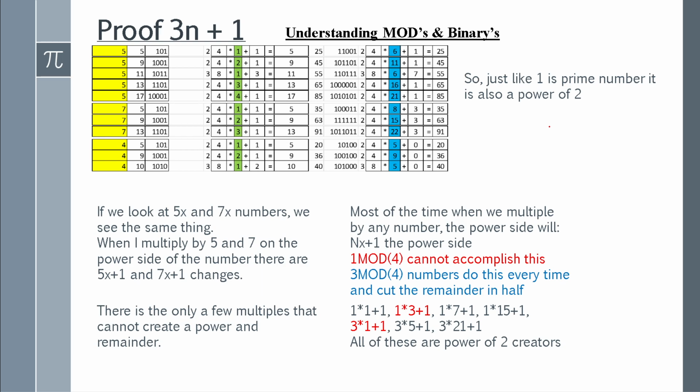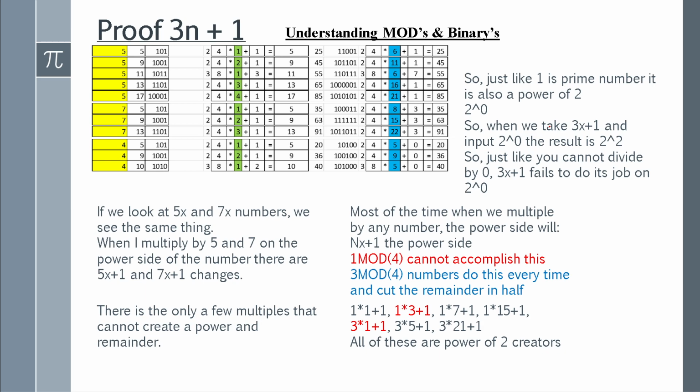So just like 1 is a prime number, it's also a power of 2 to the power of 0. When you plug in 2 to the power of 0 into 3x plus 1, your result is 2 to the power of 2. So the 3x plus 1 fails to do its job on 2 to the power of 0, right? It's expecting to divide that by 2, and it can't because it's a 1.